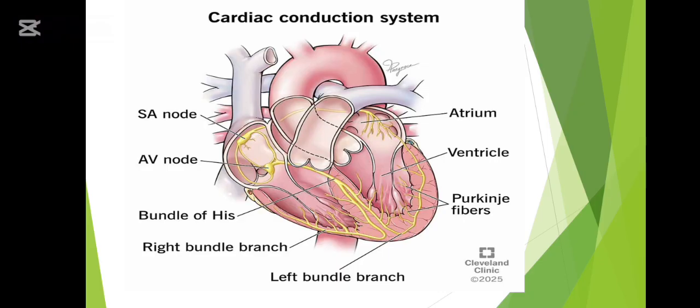Okay? The SA node generates electrical impulses at the rate of 60 to 90 beats per minute. This is the reason why the normal heart rate in an adult person is about 60 to 100.